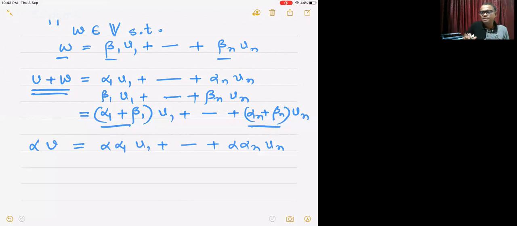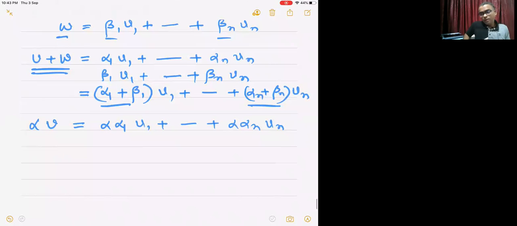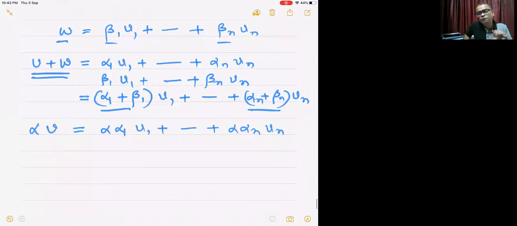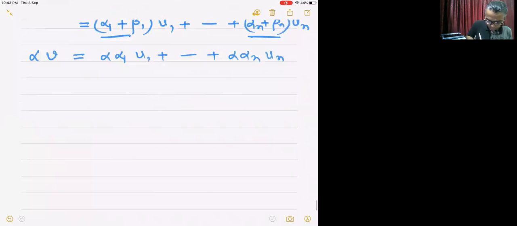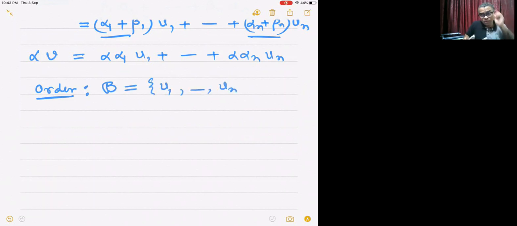The only catch here, the only thing to remember here, is that to get that n tuple, we must fix the order of v1 up to vn, right? When I say something is a basis, I just have to say that it's a set, right? It's a set v1 up to vn. It doesn't matter in which order I'm taking.